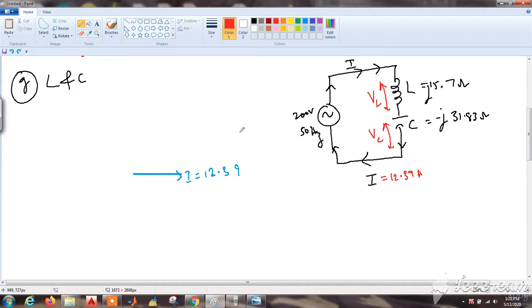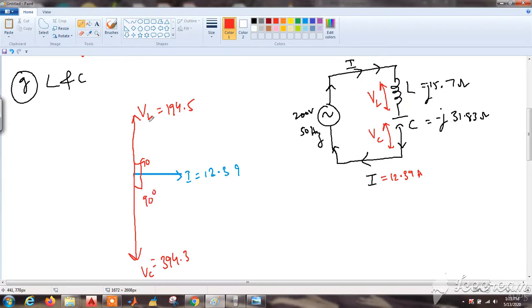So VL is 194.5, drawn like this at 90 degrees. Similarly VC you can draw in the opposite direction like this, that was 394.3, and this is also 90 degrees.